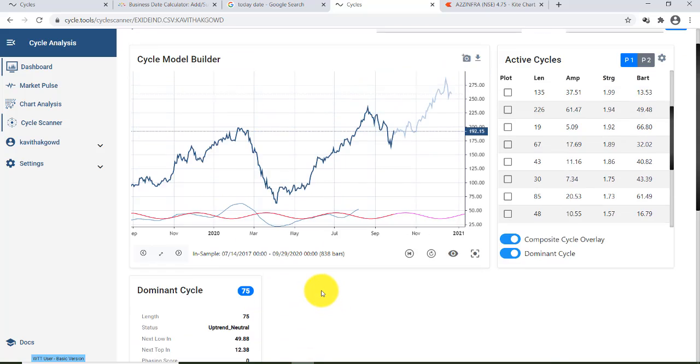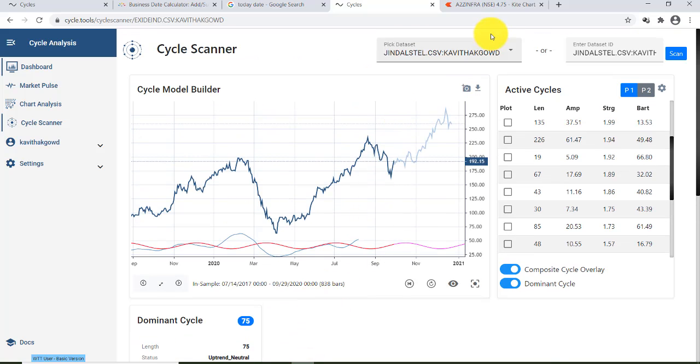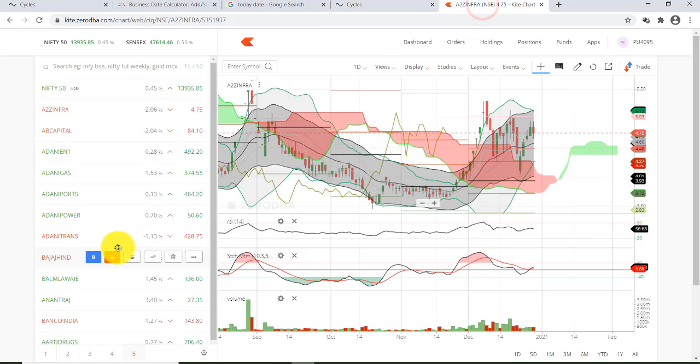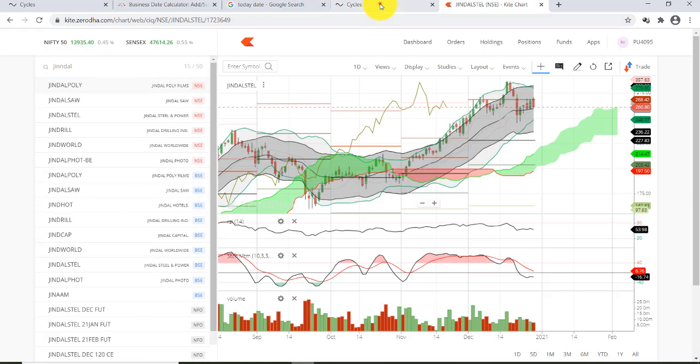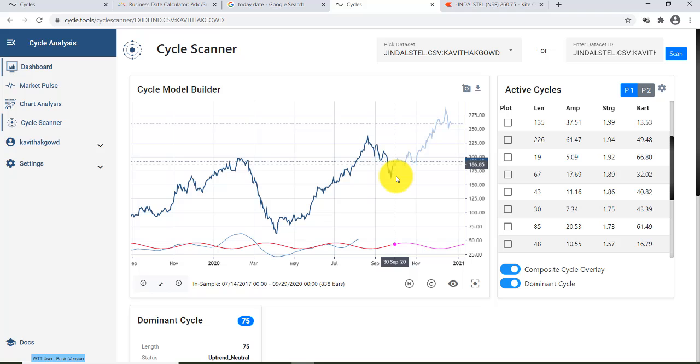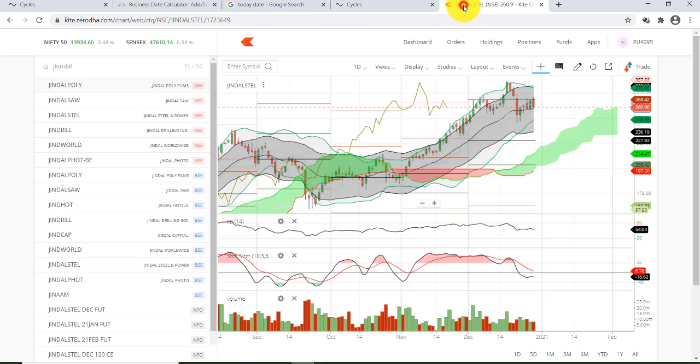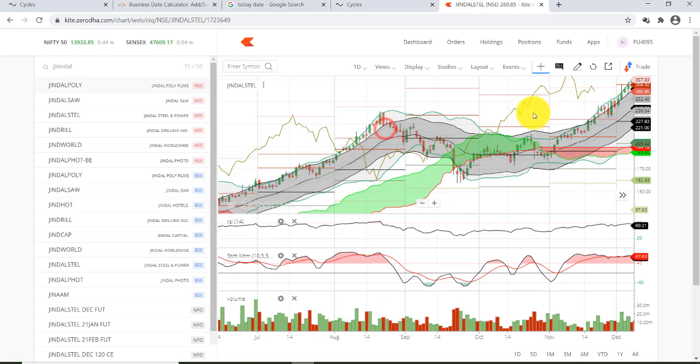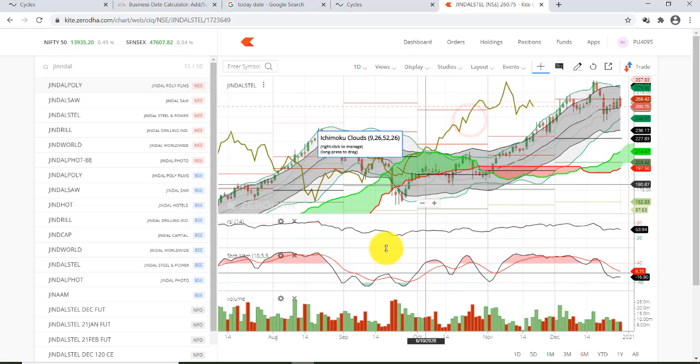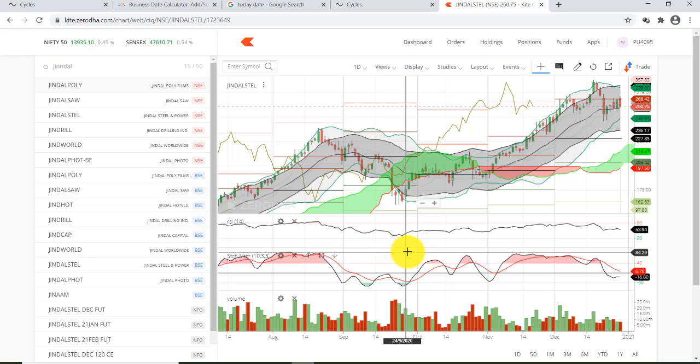And to confirm whether this is true or not, we check the technical chart. So let's take Jindal Steel. See, we are considering entry on 30th September. So move back in time, 30th September.